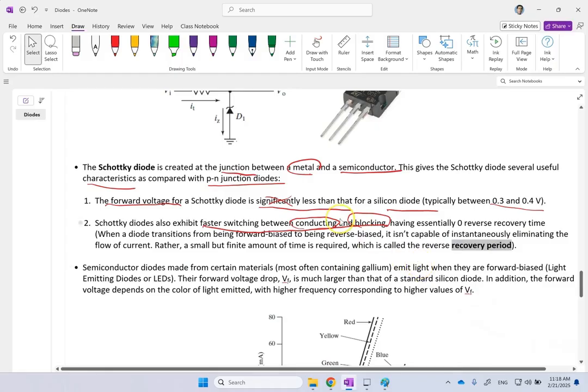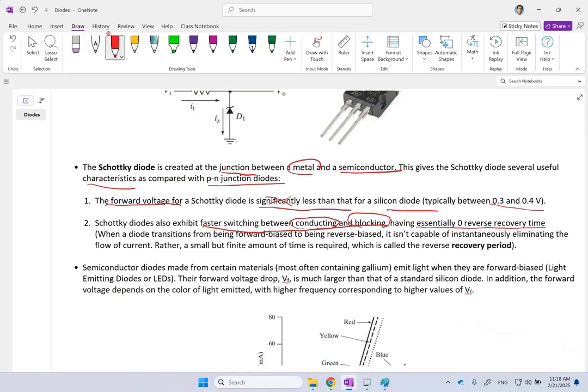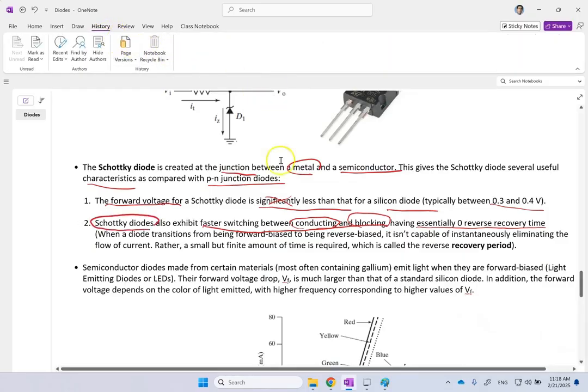Okay, so it's not instantaneous. But with these guys, their recovery time is essentially almost zero. Again, not perfectly zero, but much smaller. So if you have applications that need very fast switching between forward and backward bias, or conducting and blocking, you need to use a Schottky diode because they act much faster.